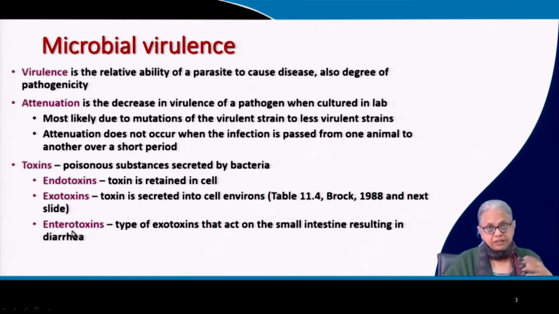Entero by definition means within the gastrointestinal tract. So these type of exotoxins that act in the small intestine can cause diarrhea, stomach upset and all these kinds of things. So very often when we talk about contaminated food and water and we have a stomach upset or diarrhea, that's because of perhaps these types of toxins.